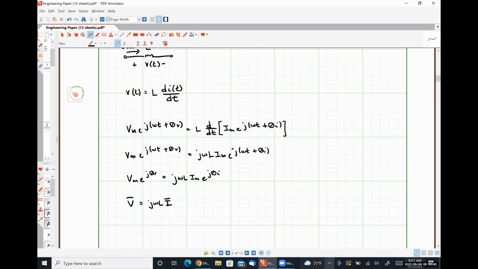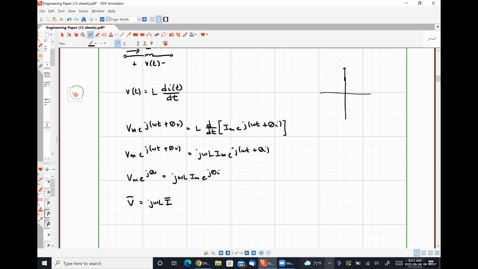So I'm going to do something up here really quickly. This should be my imaginary axis. This is my real axis. If I go out, let's say 1 unit in the real direction, this is simply the number 1. In rectangular form, this is 1 plus j0.